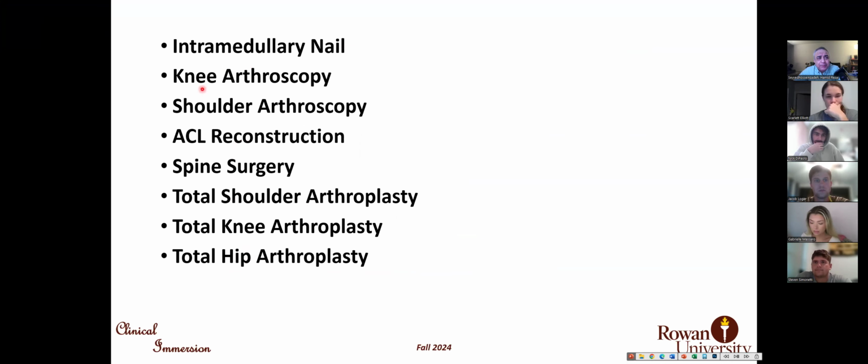Intramedullary nailing, knee arthroscopy, shoulder arthroscopy, ACL reconstruction, anterior cruciate ligament reconstruction in knee, different spine surgeries, different shoulder arthroplasties, different knee arthroplasty systems, and different hip arthroplasty systems.